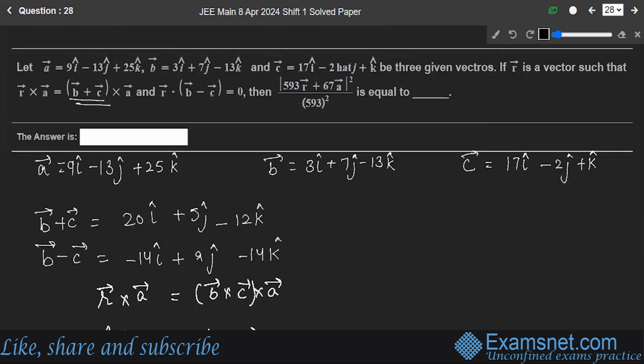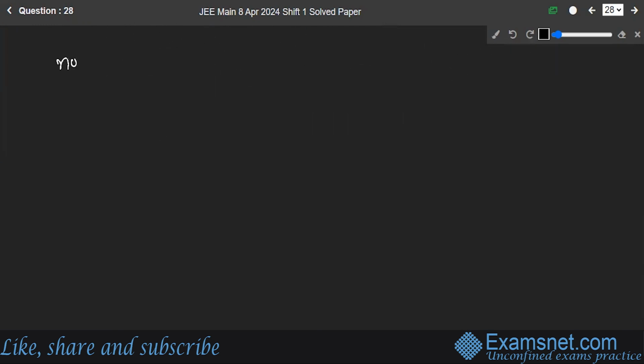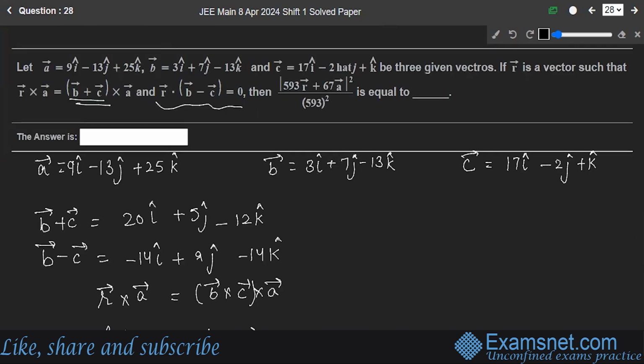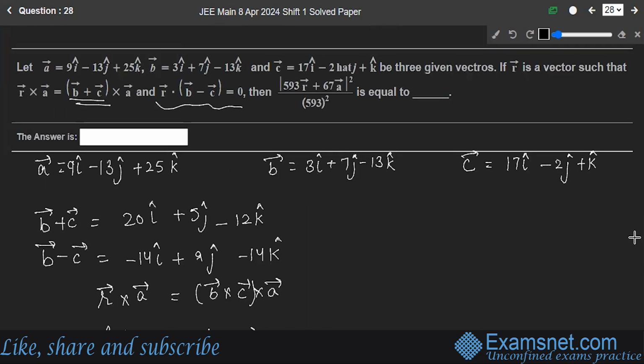Now you're also given that the dot product of R and B minus C vector is equal to 0. So now R dot (B minus C) is equal to 0. So R dot (minus 14I plus 9J minus 14K) is equal to 0.